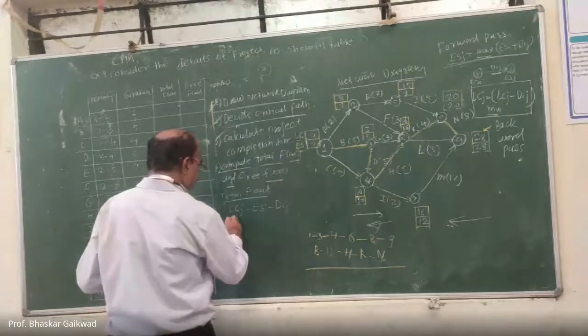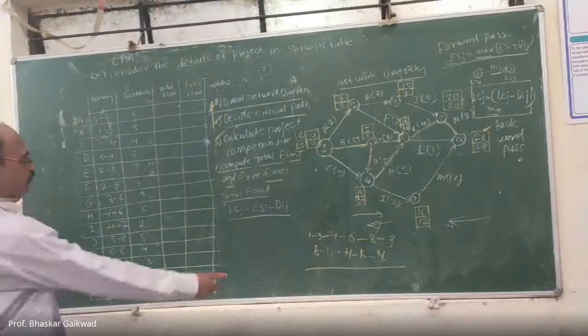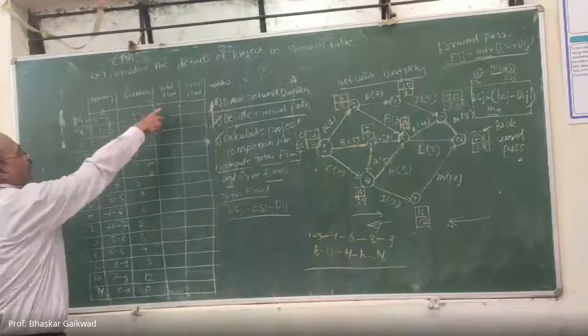So this is the formula for total float. By using this formula and these activities, we have to calculate the total float.